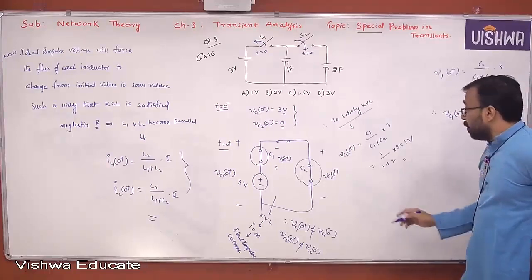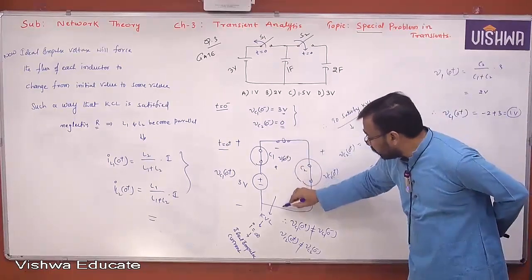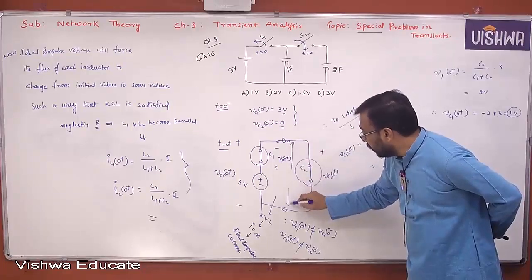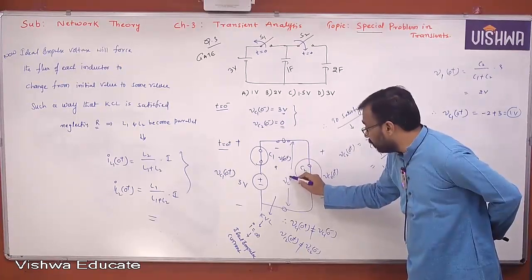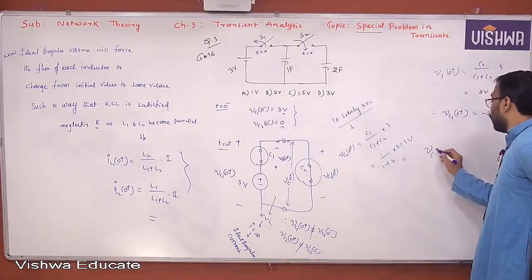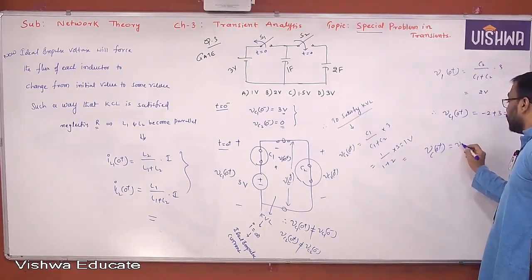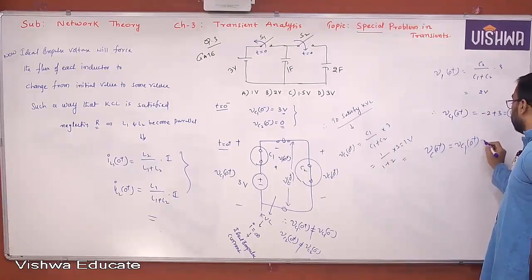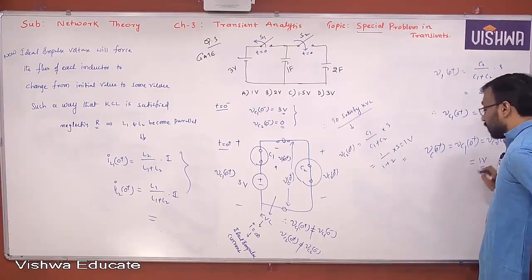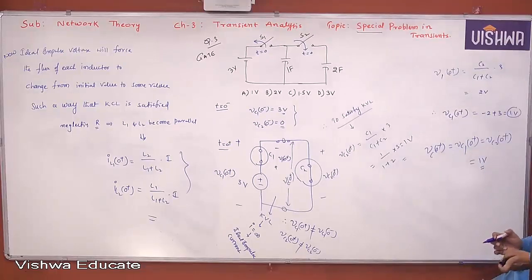He's asking what is the voltage between these two, VC of 0 plus. In fact, these are the same. VC of 0 plus is equal to VC1 of 0 plus is equal to VC2 of 0 plus. All are the same. This is 1 volt. I hope you understand the point. This is how you are supposed to think and apply.